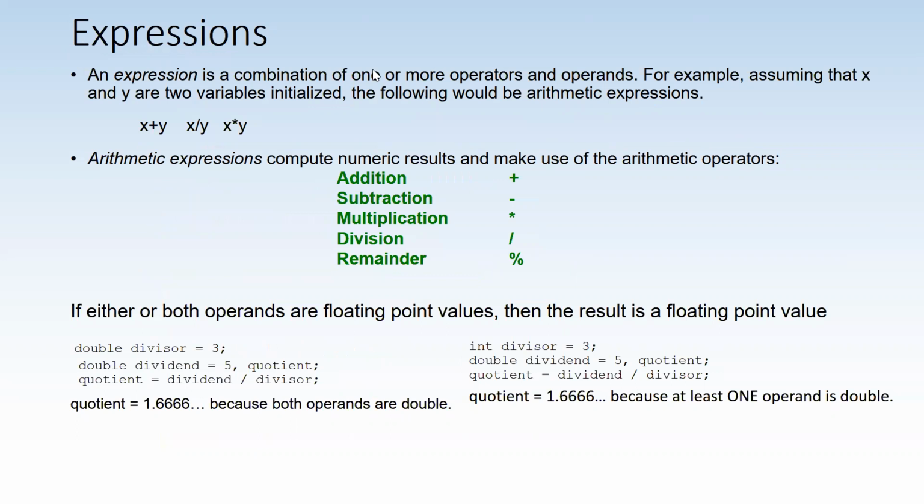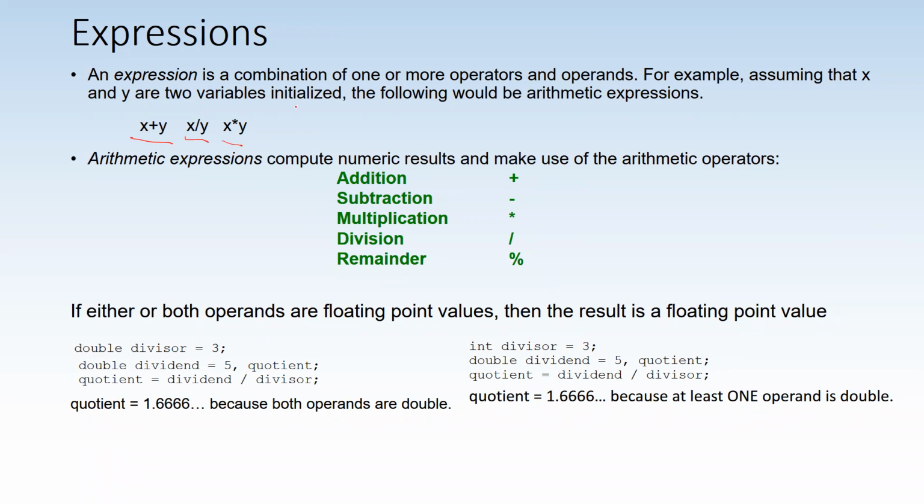Okay, expressions. An expression is a combination of one or more operators and operands. For example, assuming that x and y are two variables initialized, they have values, the following would be arithmetic expressions. This is addition. X and y both are int variables, declared and with values. Division and multiplication.